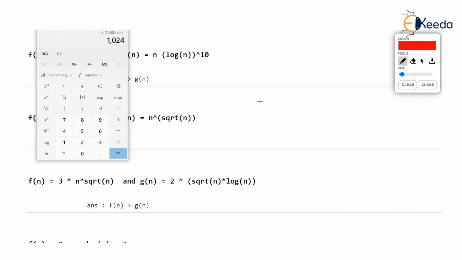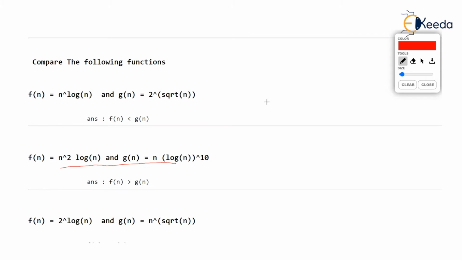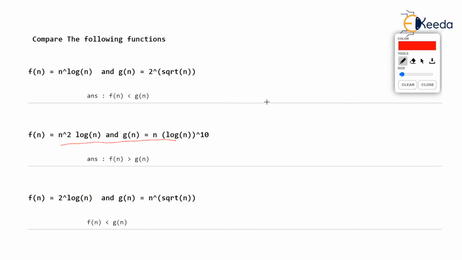Just check this exercise. This was what we were solving. Assume that n is 2 raised to 20. Very large value of n I am taking.